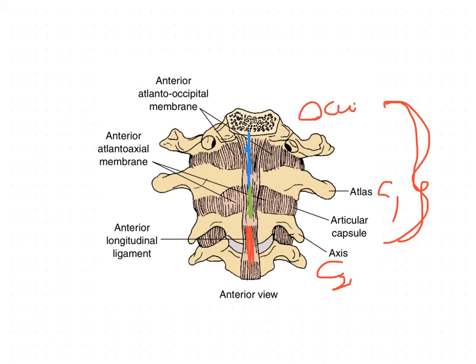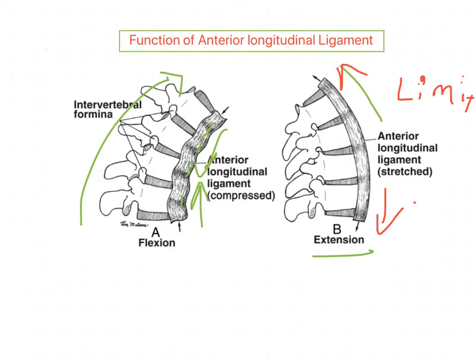This is one of the important functions of the anterior longitudinal ligament. What happens during flexion? It compresses. What happens during extension? It stretches. What happens if it stretches? It limits the extension of the spine.